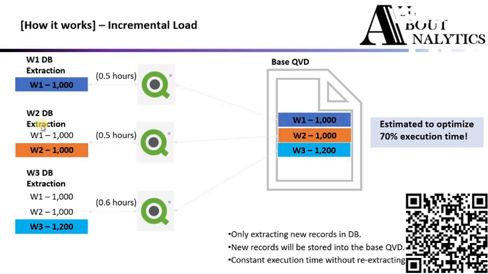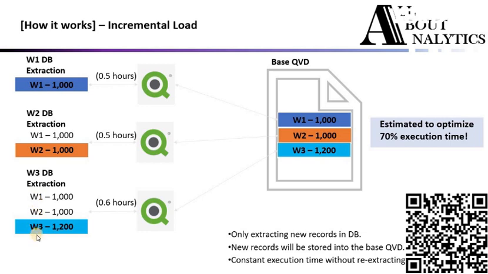And coming into week 2, we are not going to re-extract week 1 numbers again because we already have the base QVD in our Qlik server, right? So what we're going to do is only extract week 2 numbers. That will only take about half an hour, and concatenate it together with the base QVD here, right?